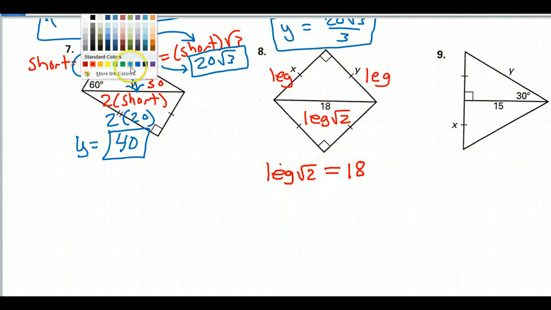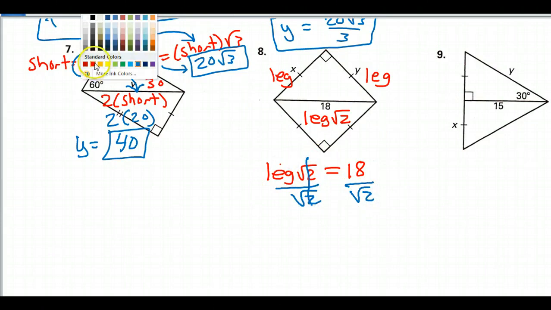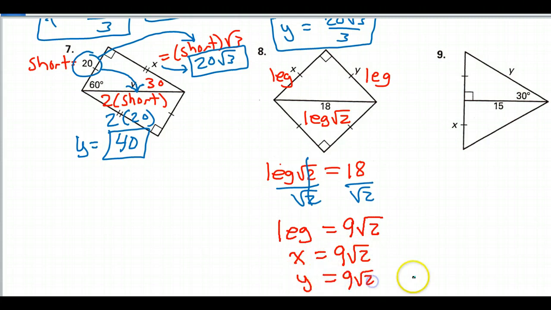Of course, I could solve this by dividing both sides by radical 2. So those are going to cancel each other out. And that's going to give me leg equals 9 radical 2. Okay, so that's x and y right there. So that means x equals 9 radical 2 and y equals 9 radical 2.